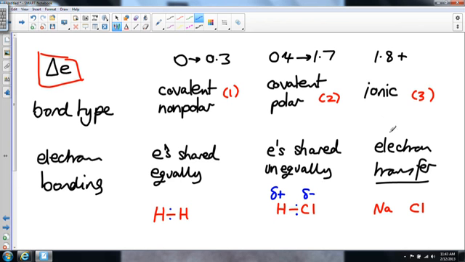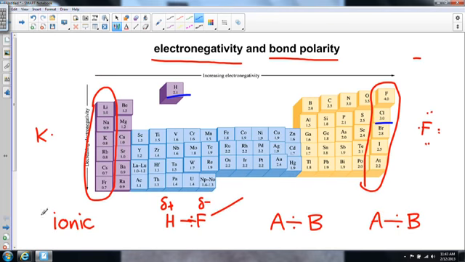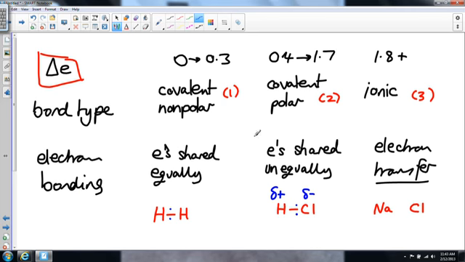That charge separation is not there when the electrons are right in the middle. Now when we get to something like sodium and chlorine, we already know the electronegativity of chlorine is 3.0. The electronegativity of sodium is 0.9. Now 3.0 minus 0.9 is 2.1. 2.1 is higher than this 1.8 cutoff, so that means the electronegativity difference is so high that the chlorine actually breaks the bond and pulls the electrons towards itself, so there are no electrons being shared at all.